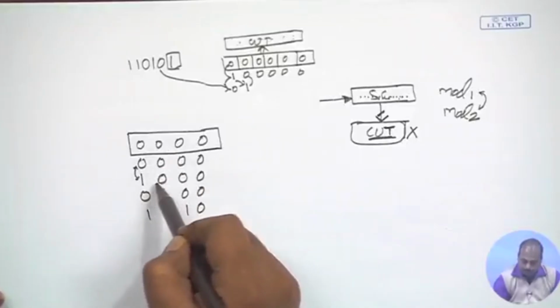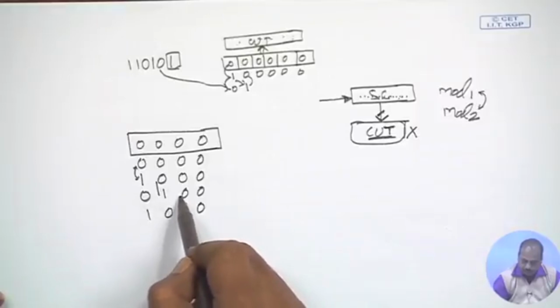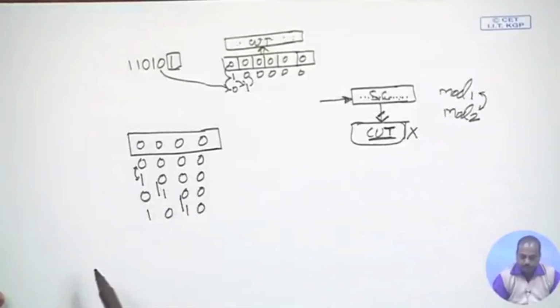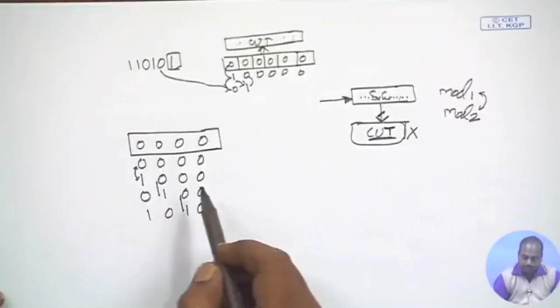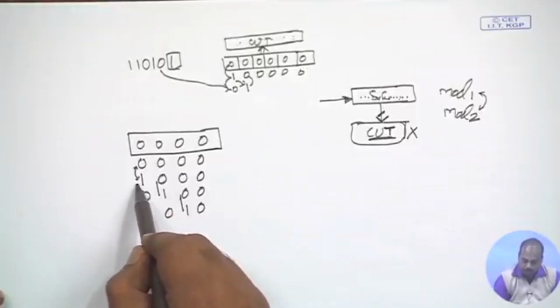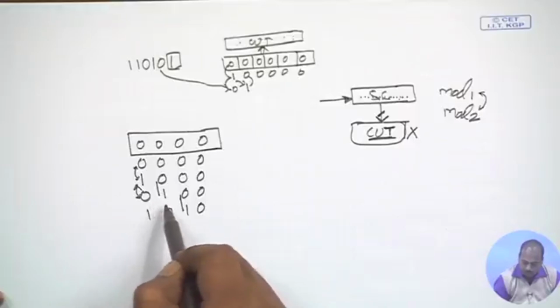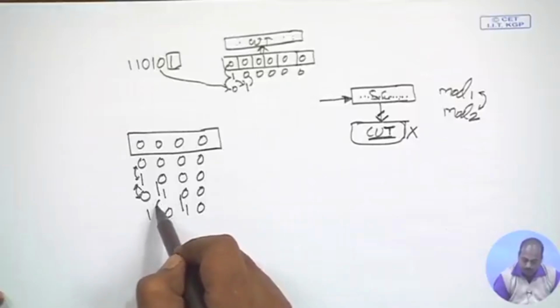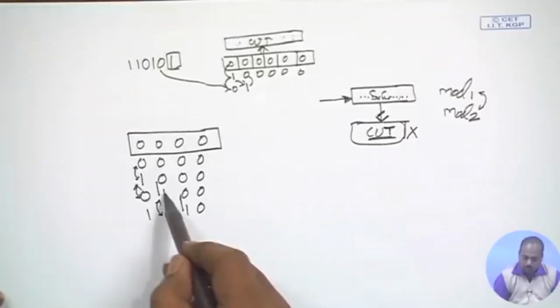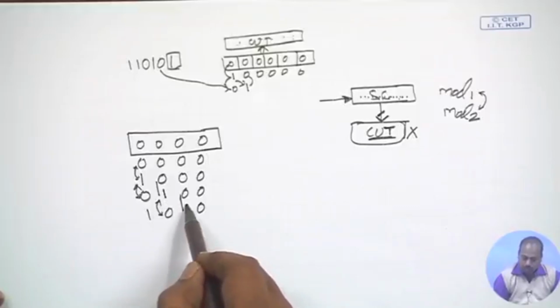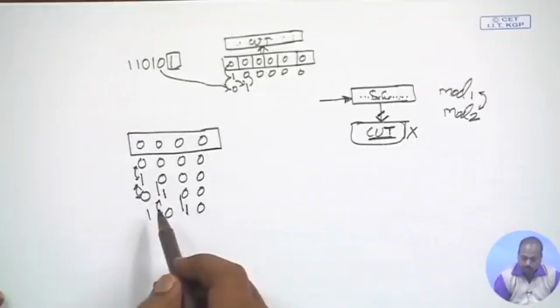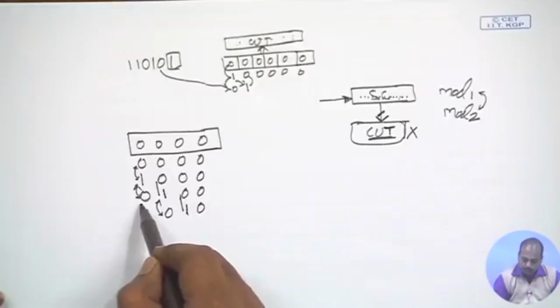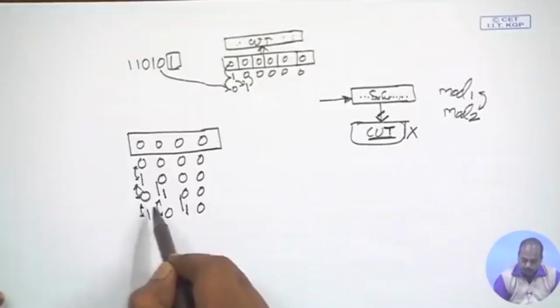This has affected this cell, this has affected this cell. So 3 cells have got affected, whereas the next one, this 1 to 0 transition, has affected only this one. This 1 to 0 transition could not go to the next position because of the length of the scan chain. Similarly, this 0 to 1 transition could not go any more.